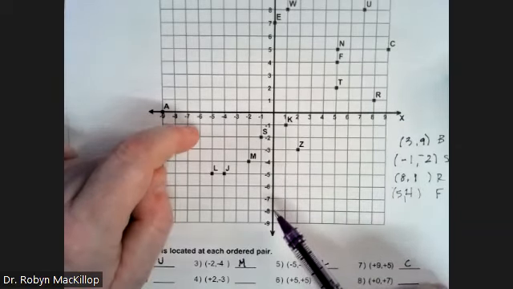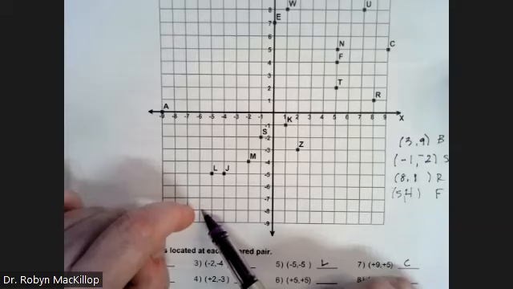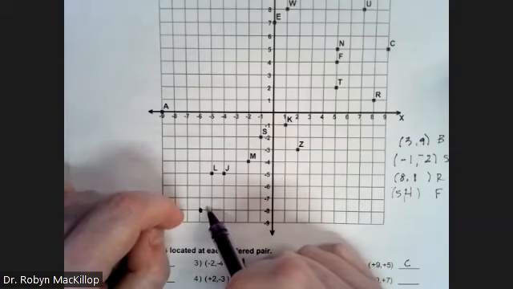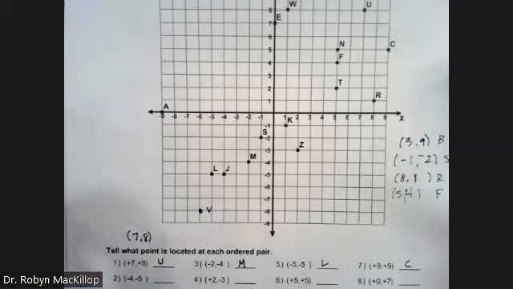Now we're just going to go straight across on both lines until we meet. Boom, right here. So I'm going to put a little dot. And this one we labeled V. So we just set a coordinate based on an ordered pair. This is probably the most common thing that you will do in graphing, is you'll have an ordered pair and you'll need to place the coordinates.